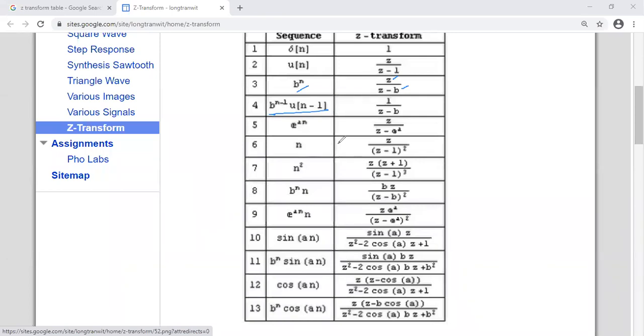So that is the simple reason why we don't use the 1 over Z, but we use the one with Z over. We divide by the Z and then multiply back through at the end. So Z over Z minus B is B to the n, and Z over Z minus 1 is u(n). So we need these two for our inverse transform.